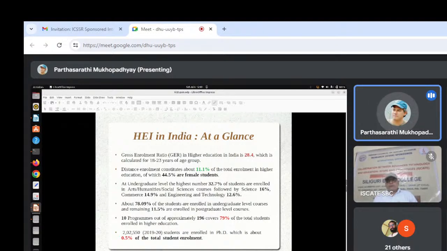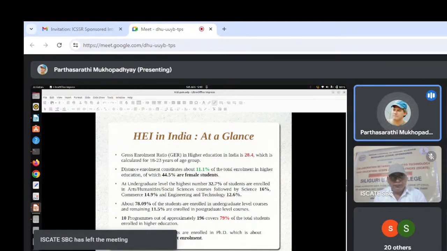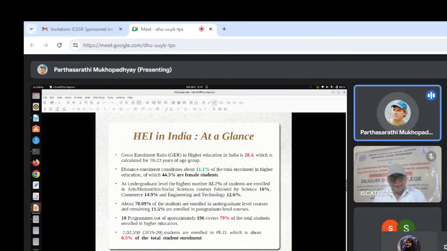And if you calculate to achieve that 50% enrollment ratio by 2035, then every day the government needs to construct or start one university and 6 colleges per day for the next 10 years. You are getting my point. If you are really serious about GER and you want to make it 50, that means you are doubling your accommodation, and doubling the infrastructure requires establishing one university and 6 colleges per day for the next 10 years.